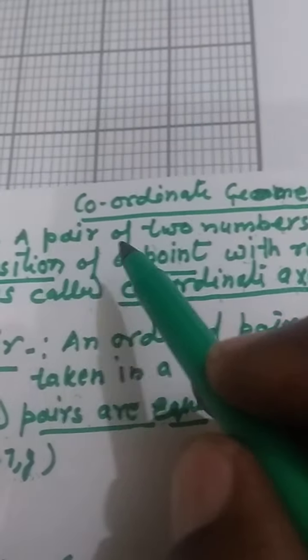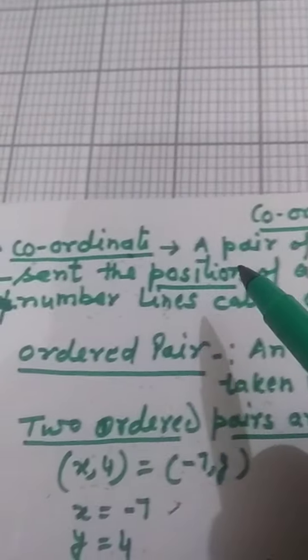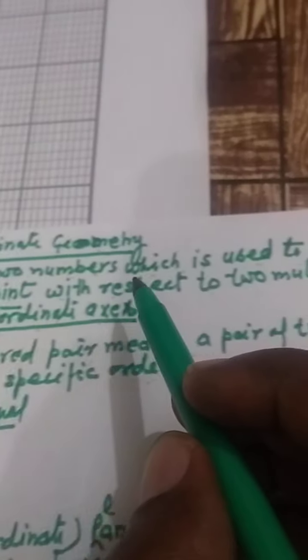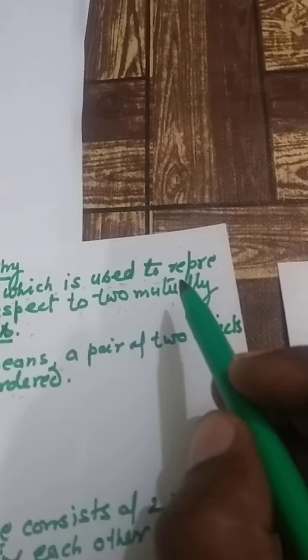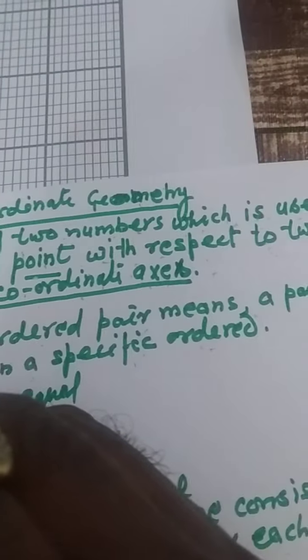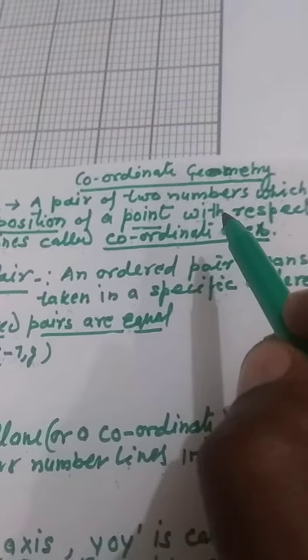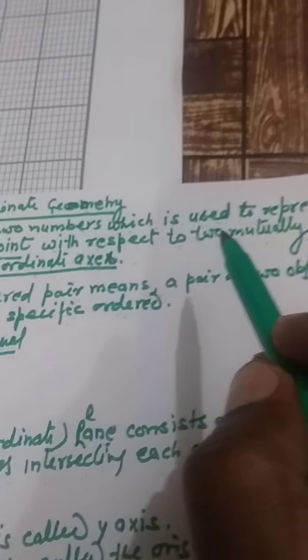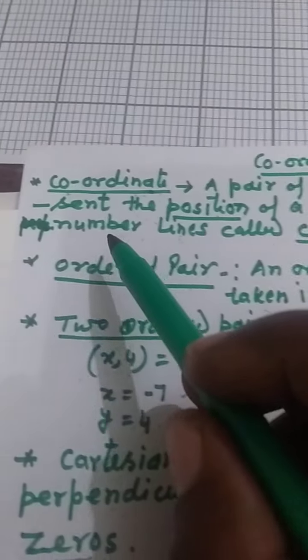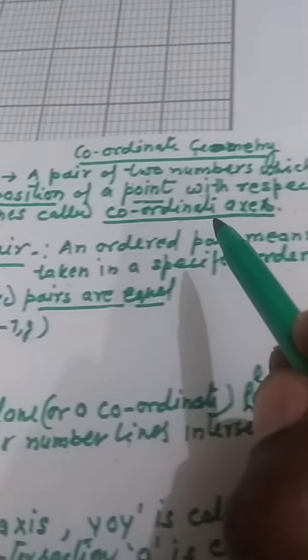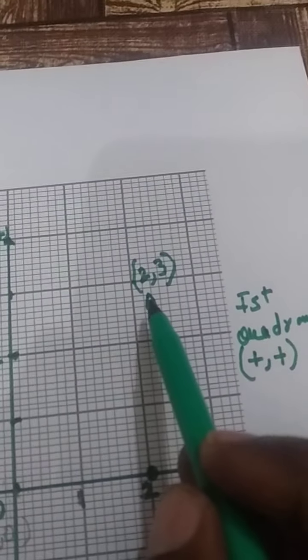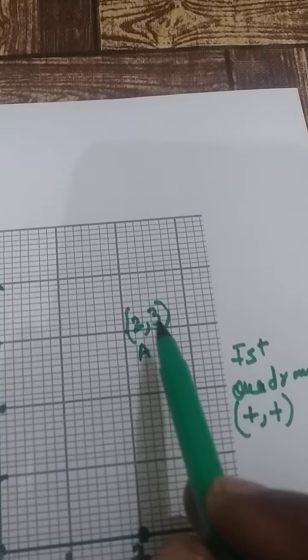Point A. A point is a pair of 2 numbers which is used to represent the position of a point with respect to two mutually perpendicular number lines called coordinate axes. So the pair of 2 numbers is 2, 3. So this A is located here, 2, 3.